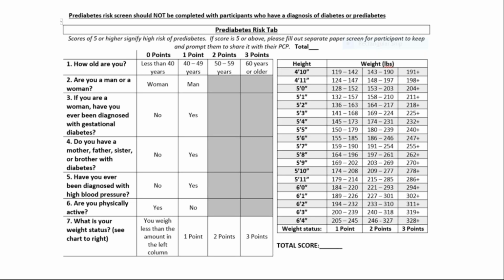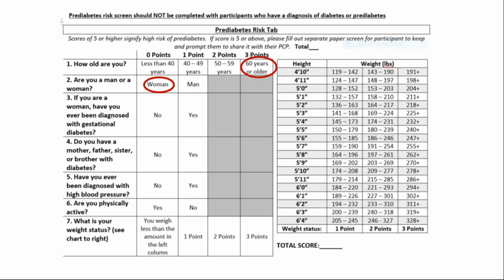So for question 1, we probably already know the participant's age, but if not, we'll need to ask. For question 2, we know from our SASH coordinator training last week that question 2 is not always straightforward, but it will be for the majority of our participants.